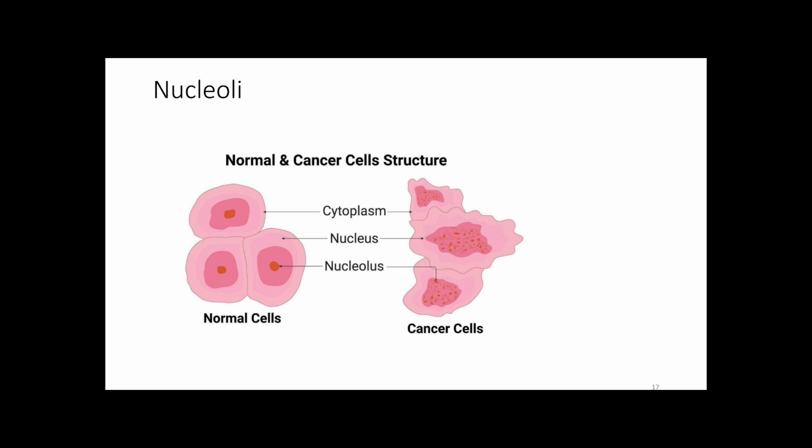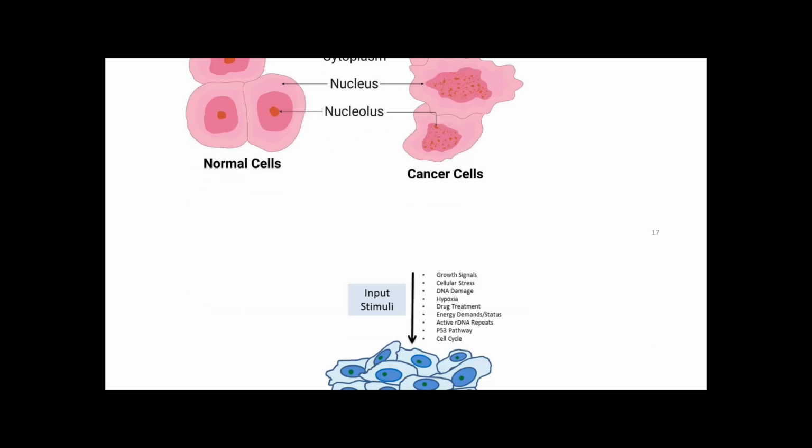But in abnormal cells, we can see multiple nucleoli because the chromatin is loosely arranged, so we can see them very clearly in immature cells.